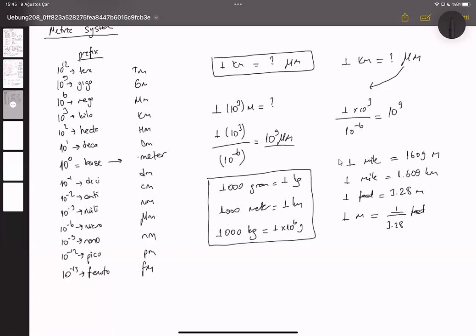But I will look again at the feet conversion.